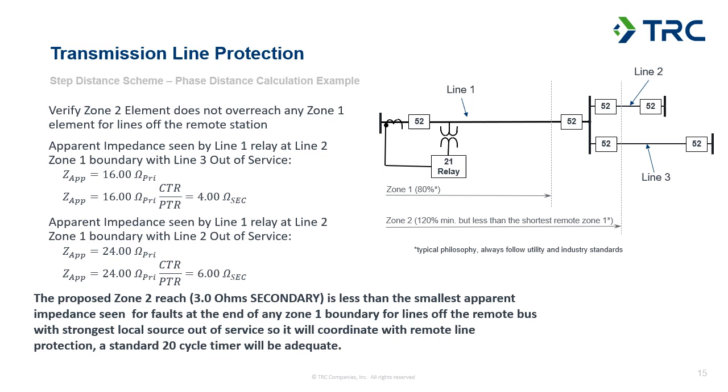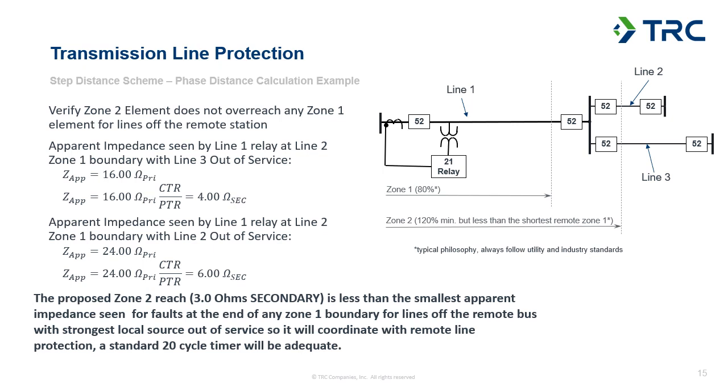In particular, the zone 2 element we know is going to be reaching past the end of the line through the remote bus and into a portion of the next lines. So it's going to see a portion of the way onto line 2 and a portion of the way onto line 3. But we have no way of knowing without doing some analysis if that zone 2 element is going to be overreaching and overlapping with the zone 2 element on those adjacent lines, line 2 and line 3.